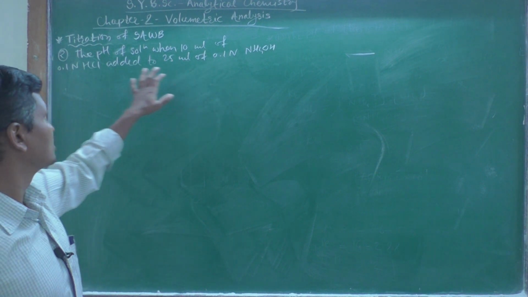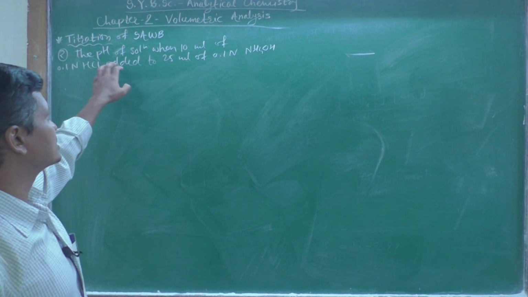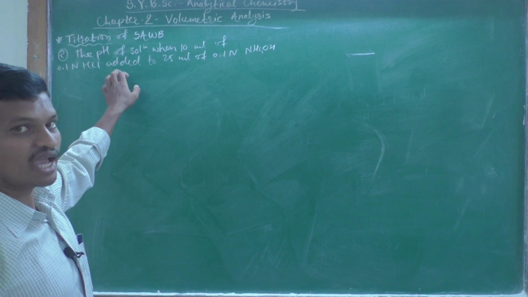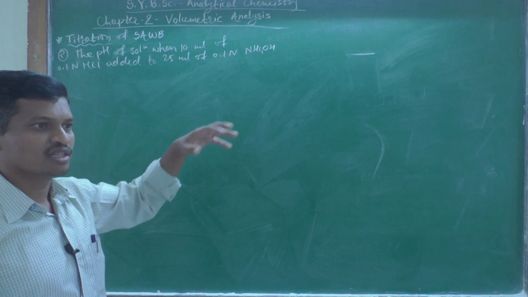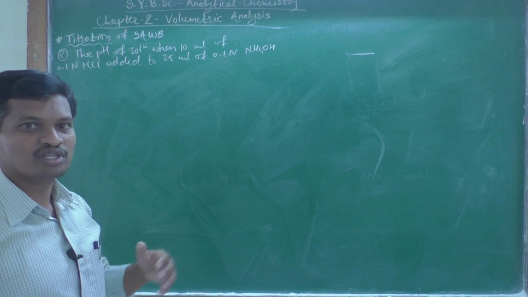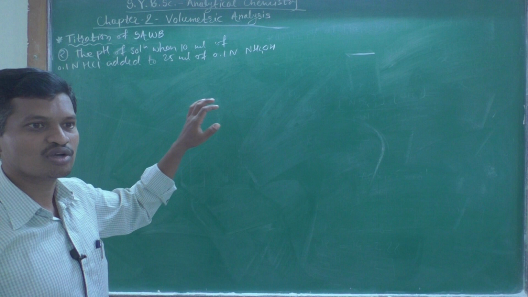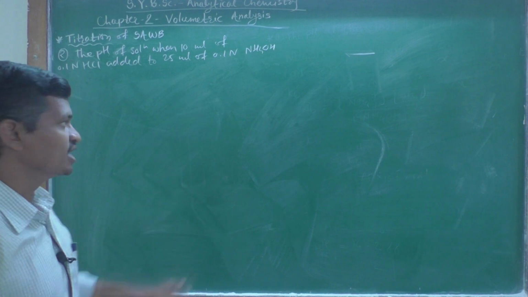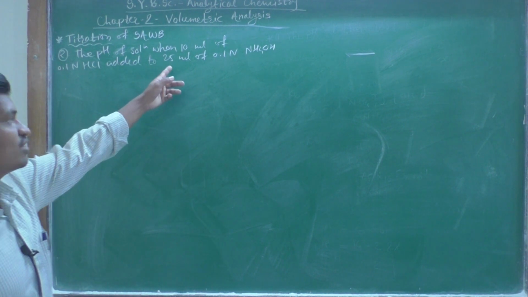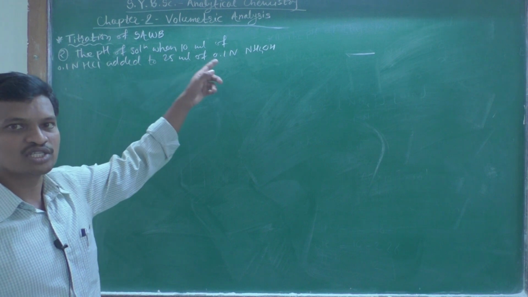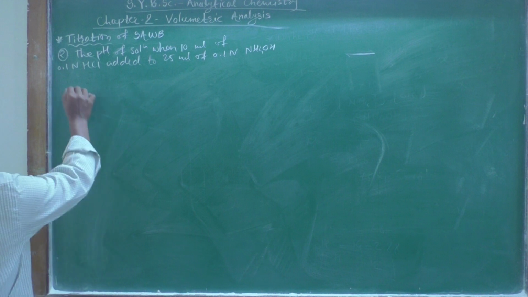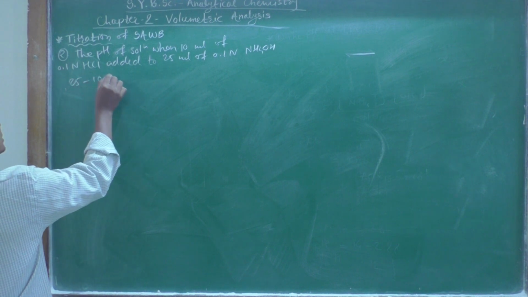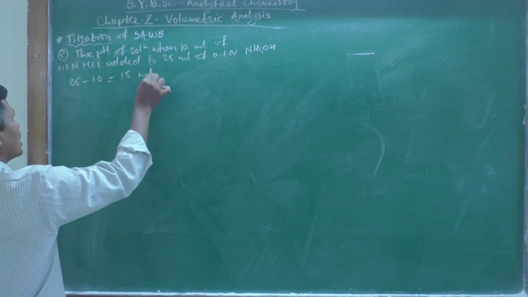As there is only 10 ml of HCl, this acid reacts with 10 ml of NH4OH, and only the neutralization reaction of 10 ml will take place. So out of 25 ml, 10 ml of NH4OH will be neutralized, and the remaining NH4OH will be 25 minus 10, which is equal to 15 ml.